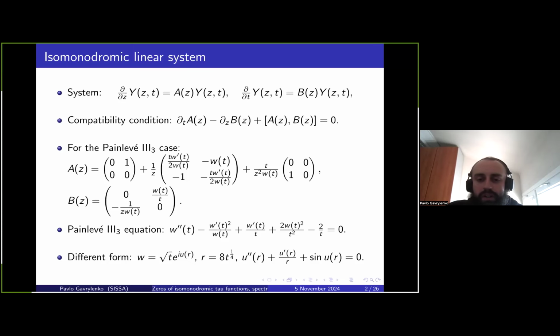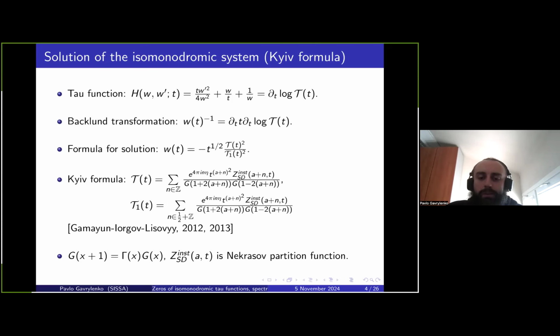But nevertheless, Gamayun, Iorgov, and Lisovyy found in 2012 and 2013 that the solution of the system can be written explicitly using some non-trivial functions, Nekrasov partition functions or conformal blocks, in this case, degenerate conformal blocks.